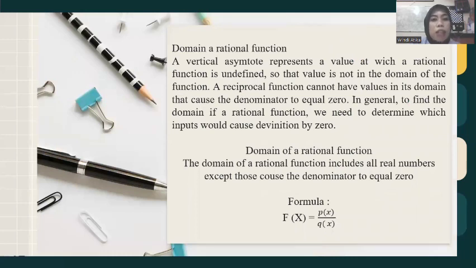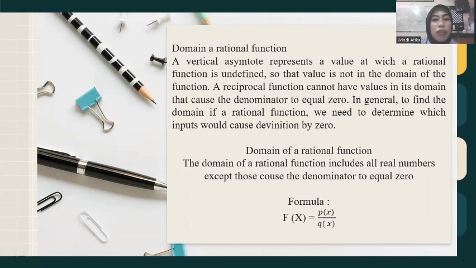Next, the domain of a rational function. A vertical asymptote represents a value at which a rational function is undefined, so that value is not in the domain of the function. A rational function cannot have values in its domain that cause the denominator to equal 0.